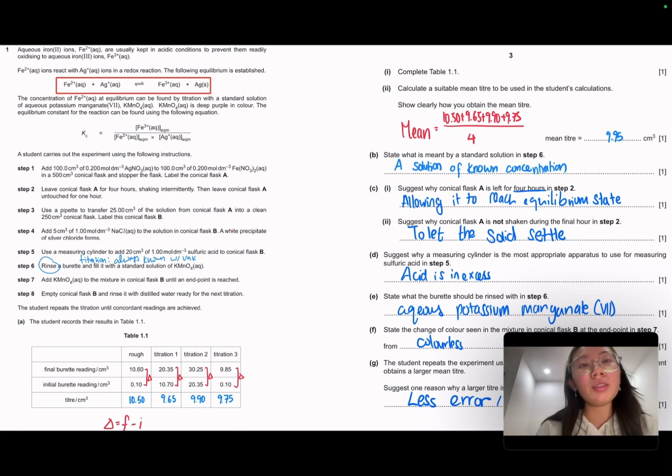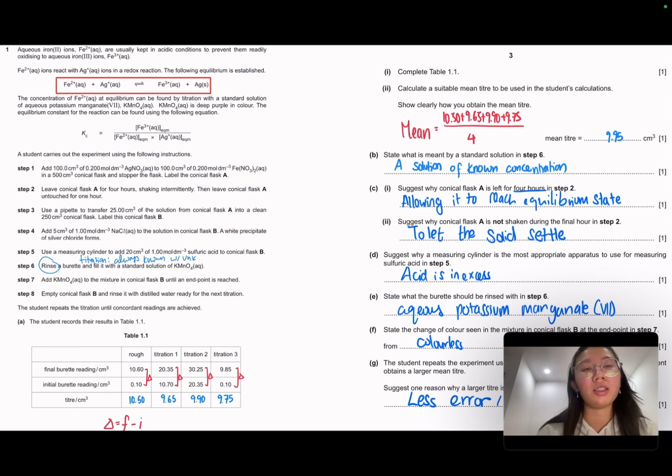Of aqueous potassium manganate 7 or KMnO4. KMnO4 is purple in color. The equilibrium constant for the reaction can be found using the following equation. So the equation looks like it might be used later on. They'll probably ask about it. We'll read the steps of instructions.